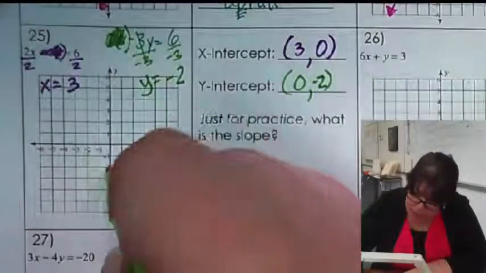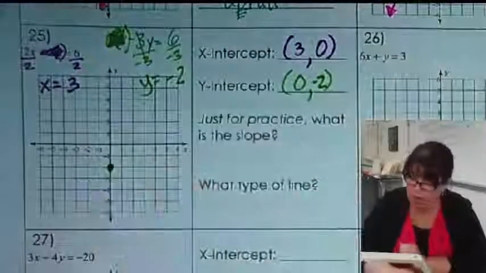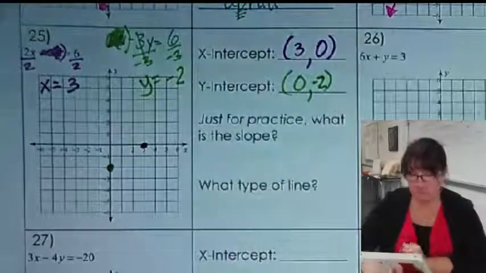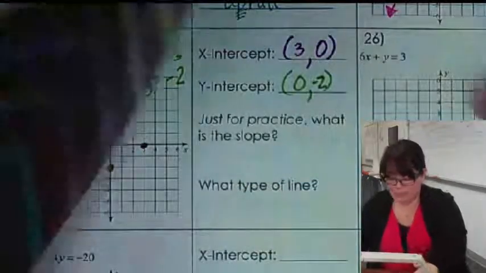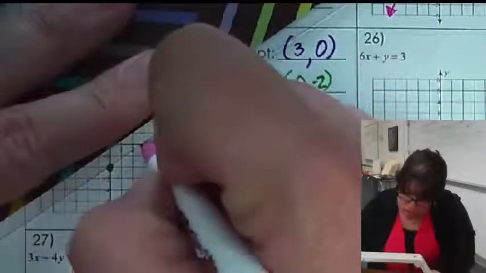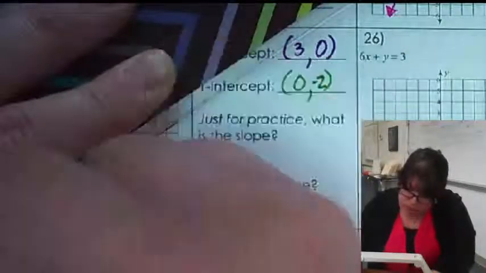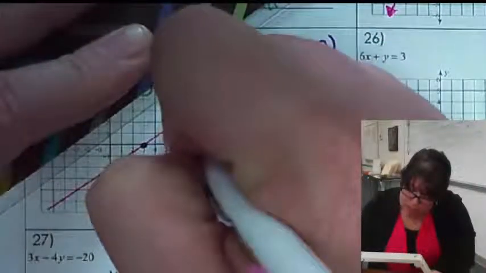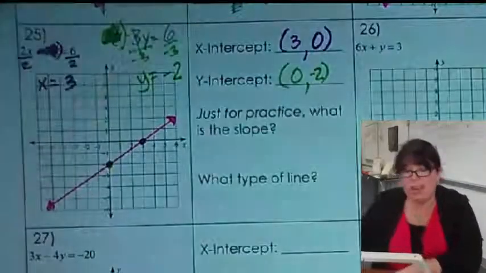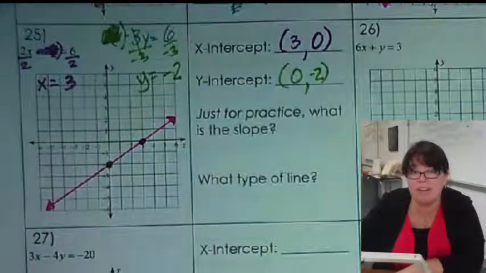So 0, negative 2 on the y-axis goes right there. And 3, 0 on the x-axis goes there. And now we connect. Try to get them as close to the center of the line as you can. There you go. Connecting it, and just for practice, let's find our slope.